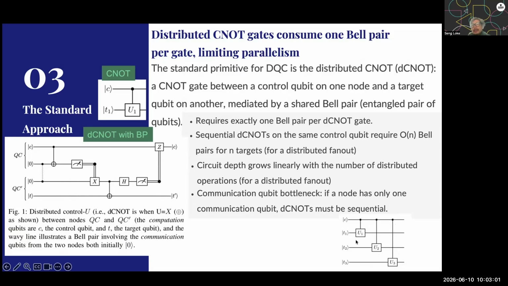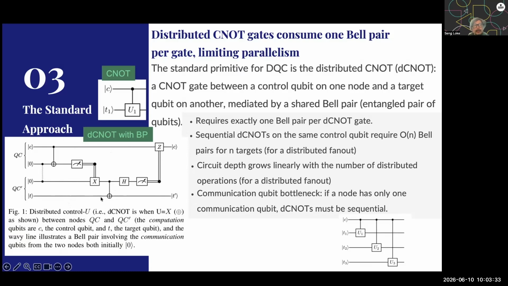So one way to execute this is to just use 3 Bell pairs. Just use 3 Bell pairs, and then when we use 3 Bell pairs, we then are able to do 3 non-local control U operations, right? And that's the circuit for distributed control U. In this case, it's a control X operation, but the same thing with control U operation, right? So instead of using an X here, we put the U operation here, right?